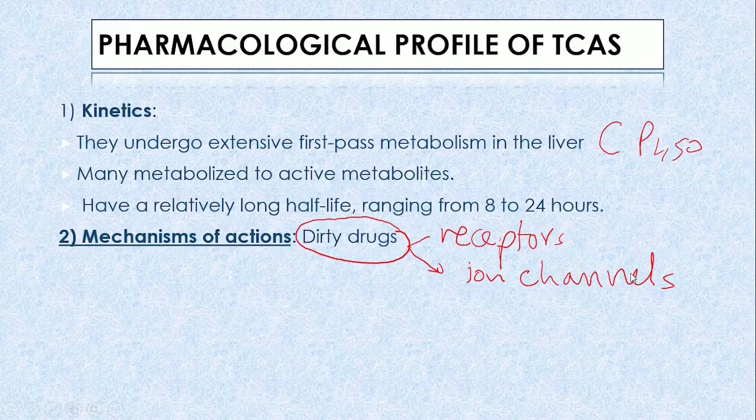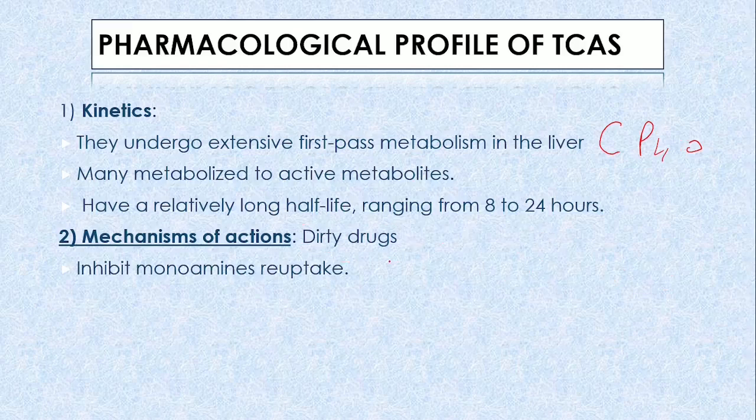So these drugs will inhibit monoamine reuptake, as you will see. As we have discussed several times before, monoamines are stored in the nerve terminal and are released upon an action potential at the nerve terminal. They will act on either postsynaptic or presynaptic receptors, and then they are taken up again into the nerve terminal.